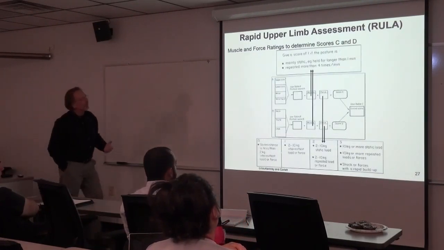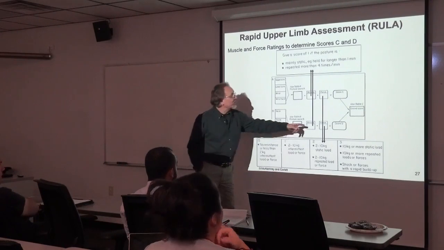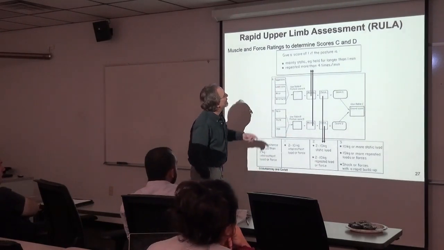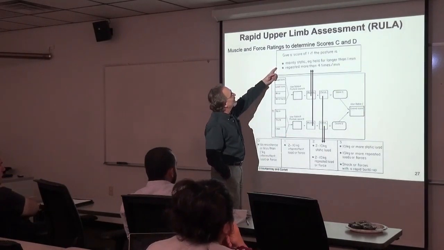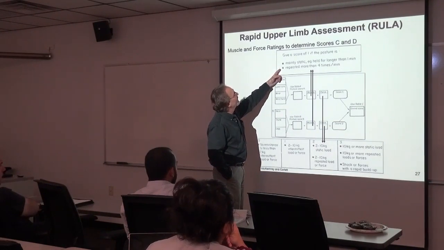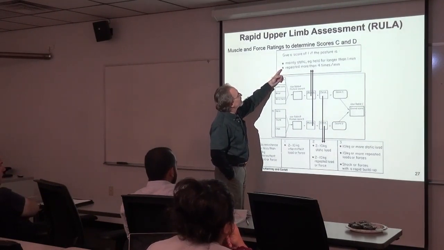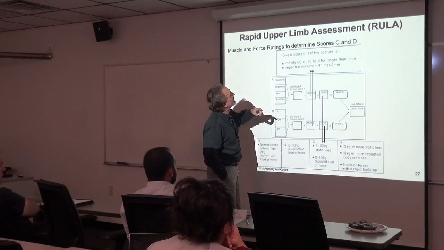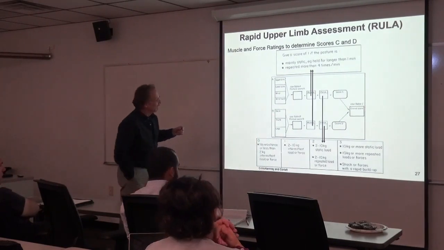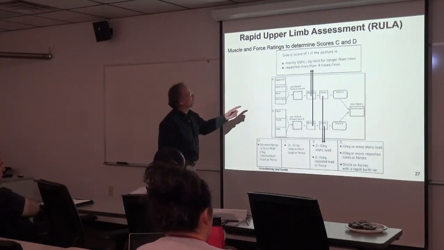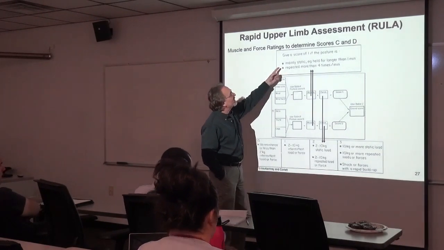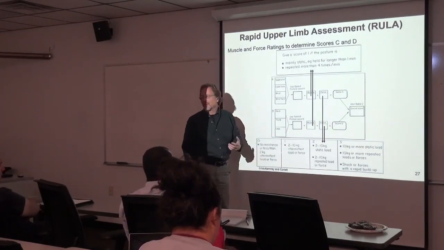Then for both of the muscle and force scores, you use these tables. If it's static, held for more than a minute, or if it's repeated motion, more than 4 times a minute, that is a 1 or a 0. If it meets either of those criteria, it gets a 1, otherwise it's a 0.